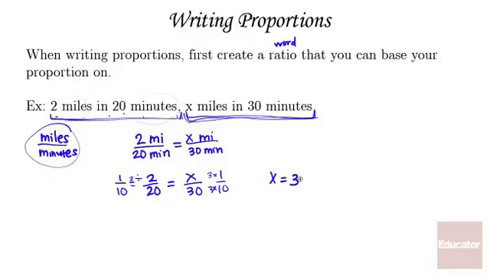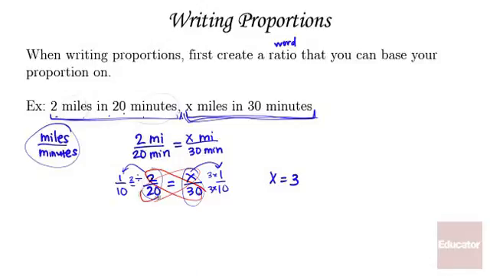So my x is going to be 3. Here I just used mental math to solve for x. I just made this equivalent ratio 1 over 10 and then turned this into the same thing, 1 over 10. If you want, you can use cross products instead. That's another method. You're going to multiply this together, make it equal to this. So 2 times 30, actually let's go this way first.